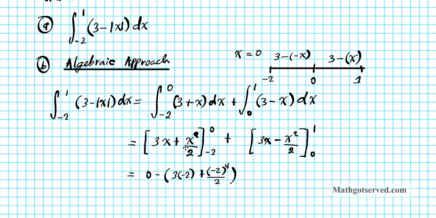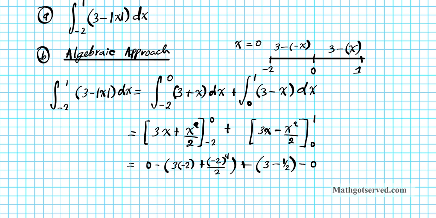Okay, so that's that for the function to the left side of our sign change. Plus, on the right side, if you plug in the upper limit of integration, we are going to have 3 times 1, which is just 3, minus 1 squared over 2, which is just 1/2. That minus, if you plug in the lower limit of integration here, you just get 0. Okay, let's go ahead and simplify that and see what we get.